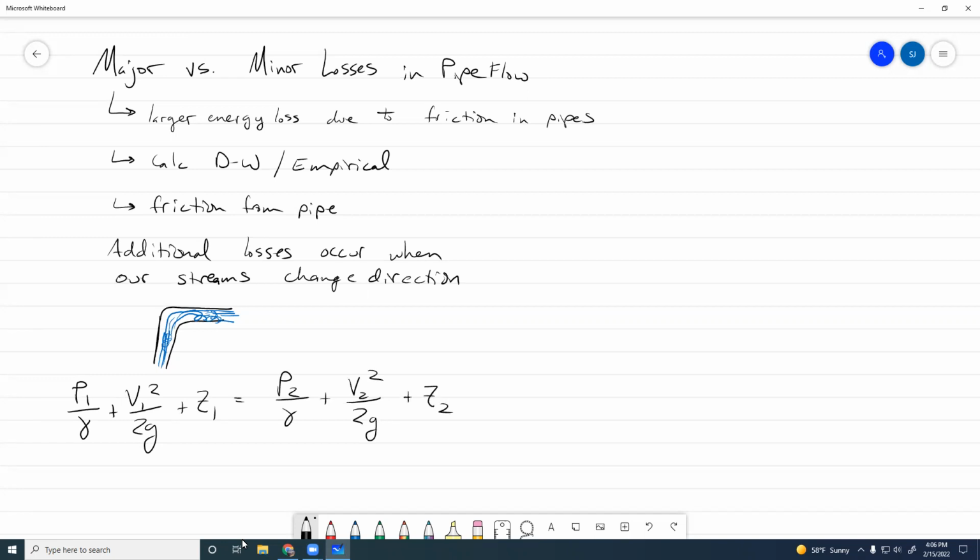Then let's throw in our Darcy-Weisbach term, plus f L over D times V squared over 2g. These are what we're calling our major losses. Then I'll give you a generic equation that mostly holds, plus our minor losses, which is some coefficient. We're going to sum them all up because there might be 3 bends, 1 valve, 1 expansion and 1 contraction. So we sum all those K values associated with different minor losses times V squared over 2g.